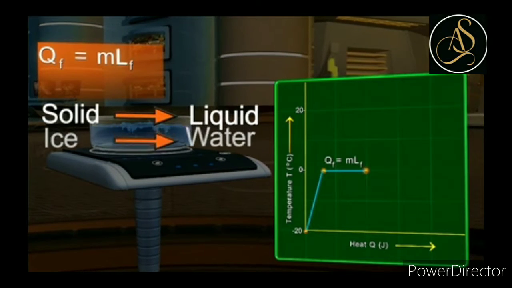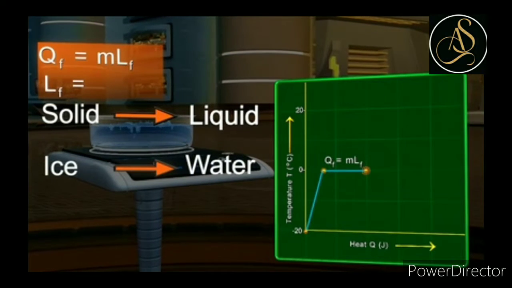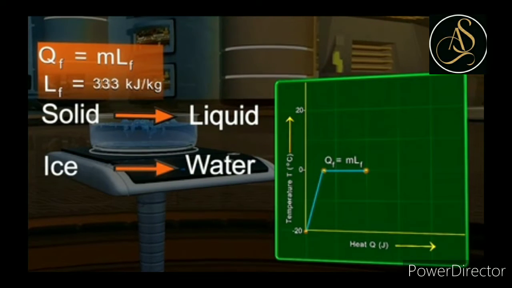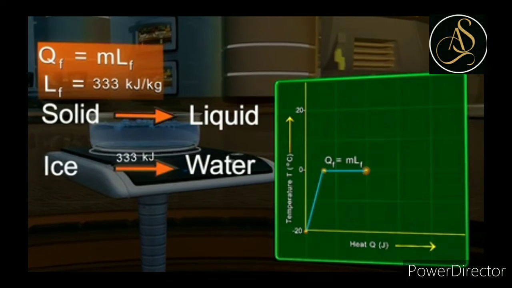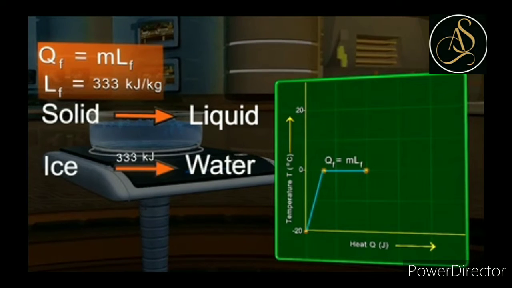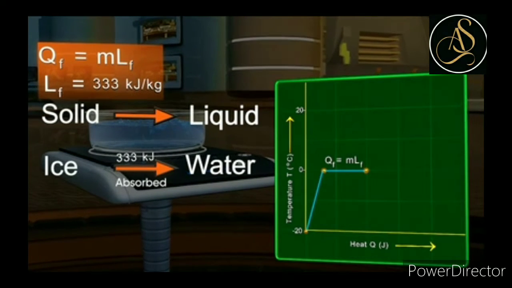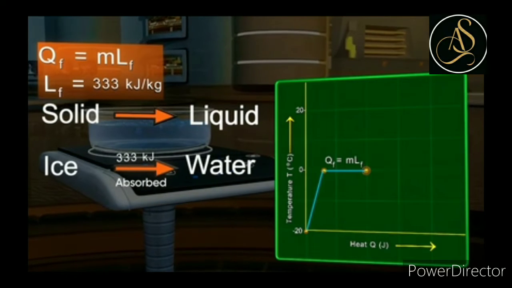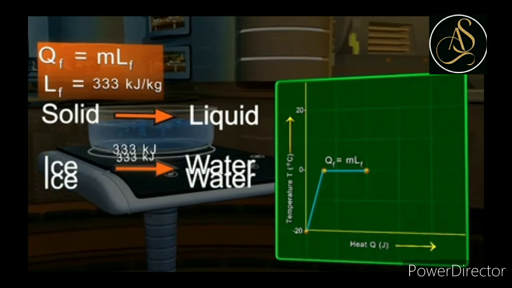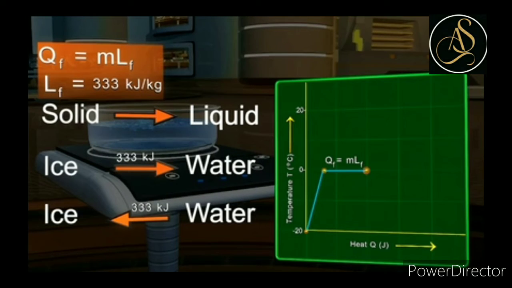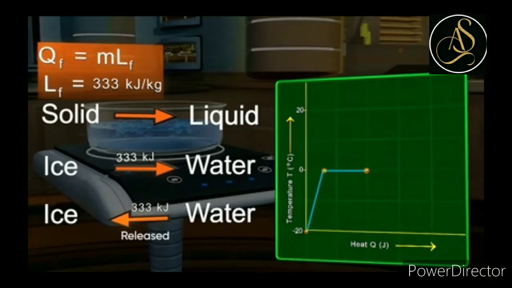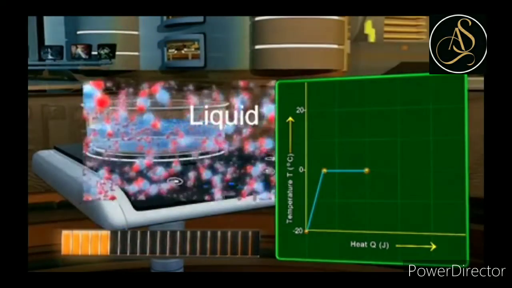For ice, LF is equal to 333 kilojoules per kilogram, which implies that 333 kilojoules of energy is absorbed to convert 1 kilogram of ice to water. Similarly, 333 kilojoules of energy will be released to convert 1 kilogram of water into ice.